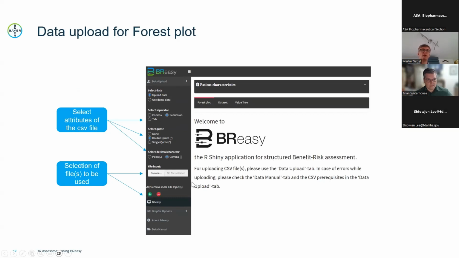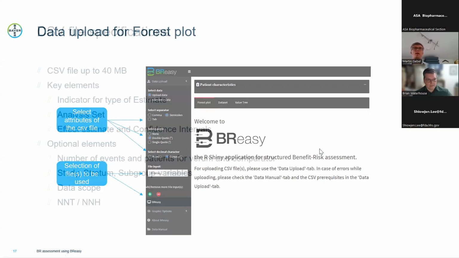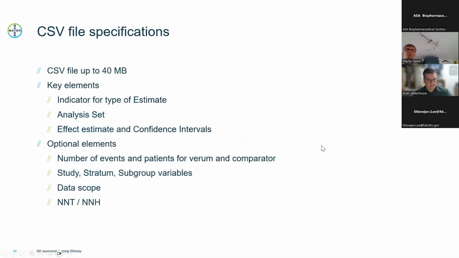And after you've done that, you can then upload one or more files in case the data is separated into several CSV files. The limitation is up to 40 megabytes currently, which is usually sufficient because we are only uploading aggregated estimates here.